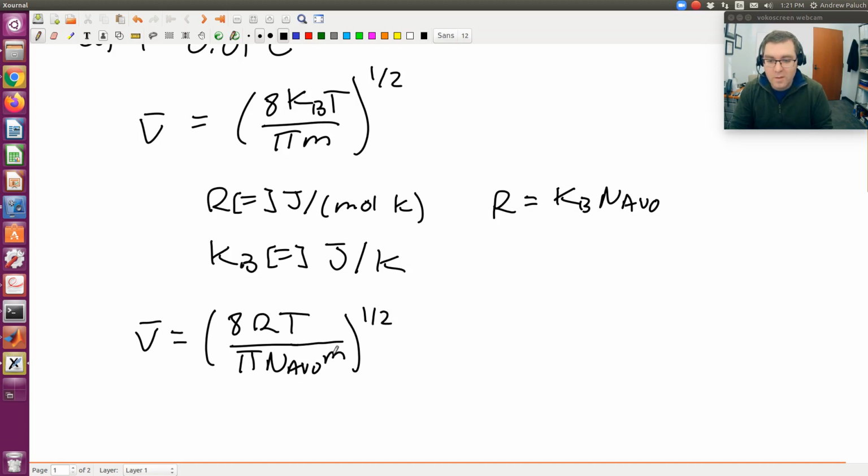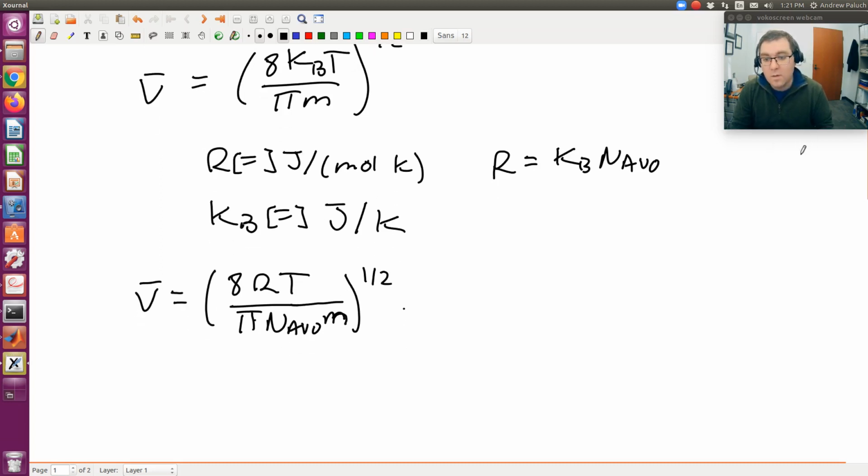Now the next step: m, my mass, is the mass of a molecule, and N_Avogadro is the number of molecules per mole.